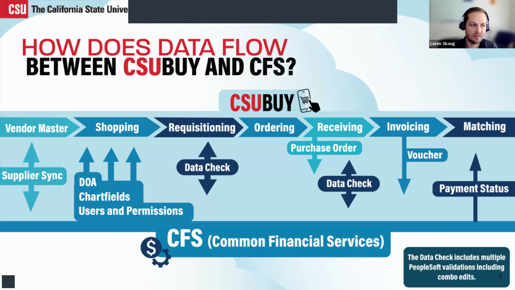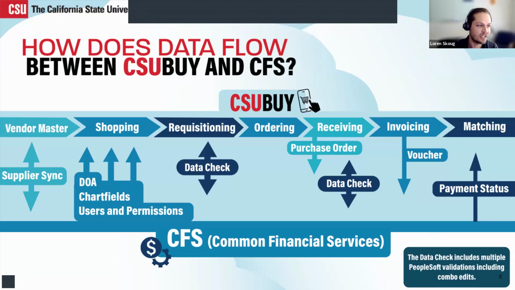It is a platform. I like this slide because it gives you a visual idea of what it is and how it functions and integrates with what we're currently doing. CSU Buy is essentially a platform that's sitting on top of our common financial system, which is our system-wide ERP system.